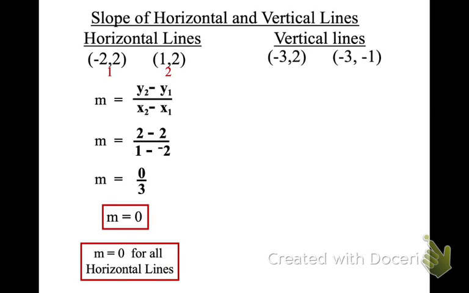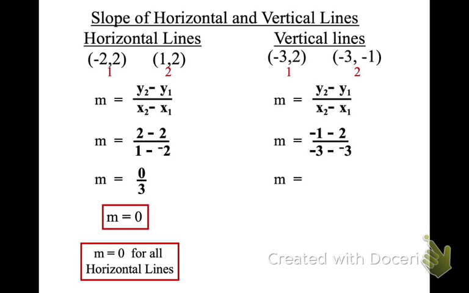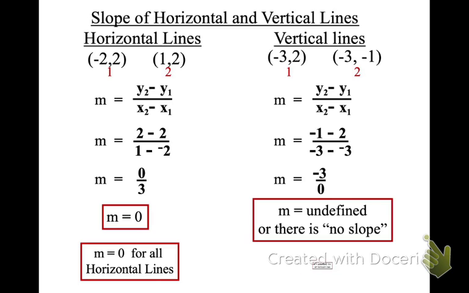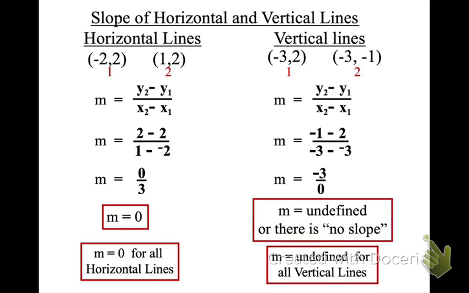I want to know that you know when 0 is in the numerator, it's a 0 slope. If you don't simplify that, I won't give you credit. I don't think you know the difference between 0 and undefined. If I get something and I end up here where 0 is in the denominator, I expect you to say undefined or no slope. Okay?